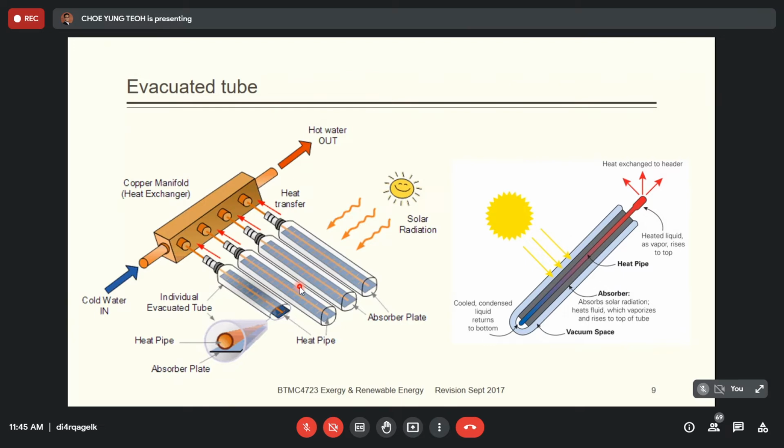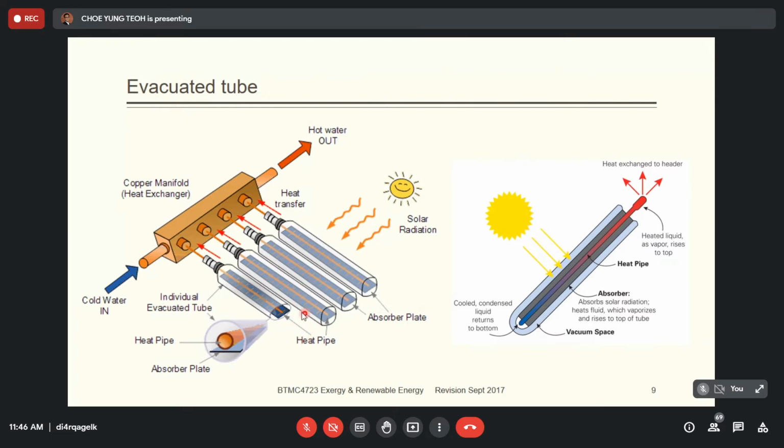Because the heat loss will be much faster than when you apply it in a hot climate country. Surrounding temperature 10 degrees Celsius, and inside the pipe you need maybe 60 degrees Celsius. So the heat loss will be very fast. Not even the glass can block the heat loss. So we need a vacuum. So we call it an evacuated tube.